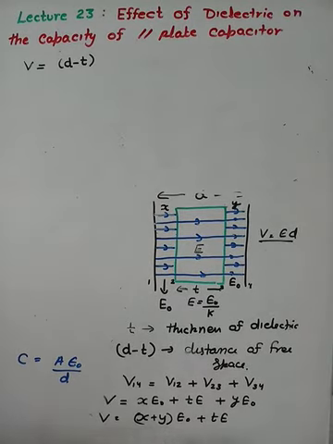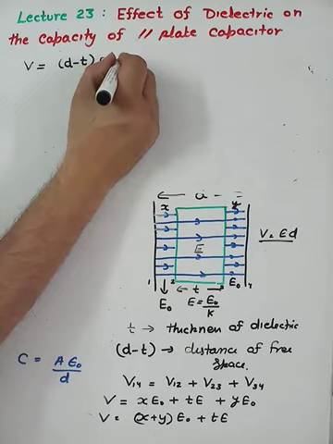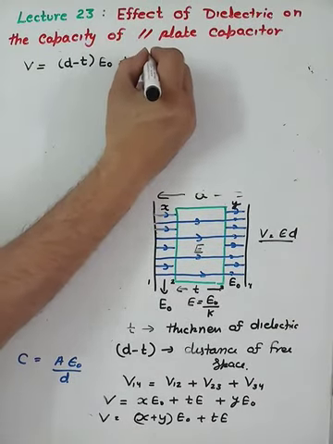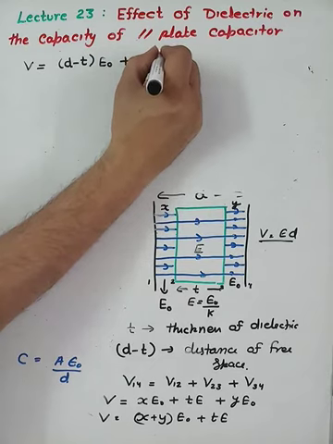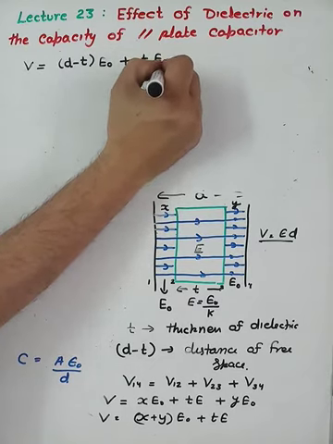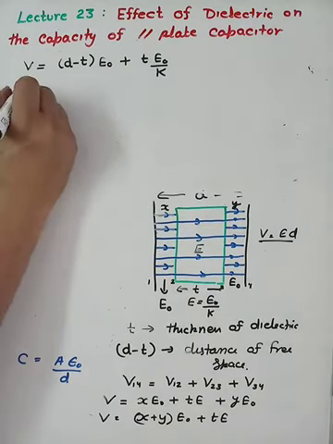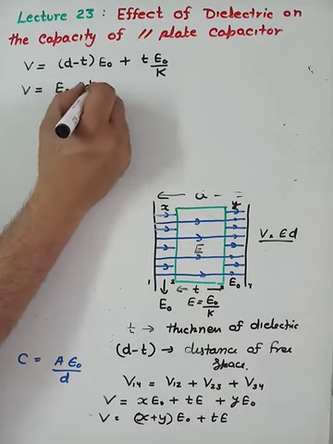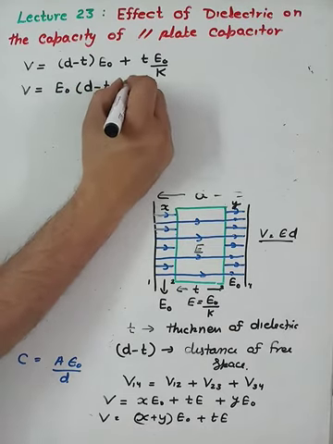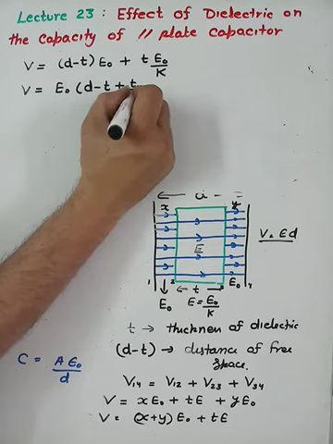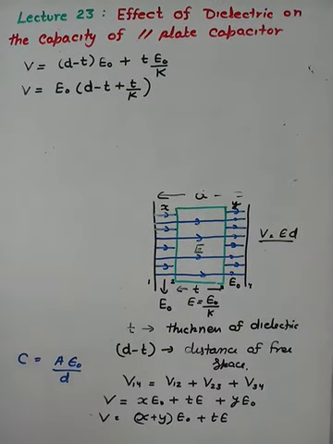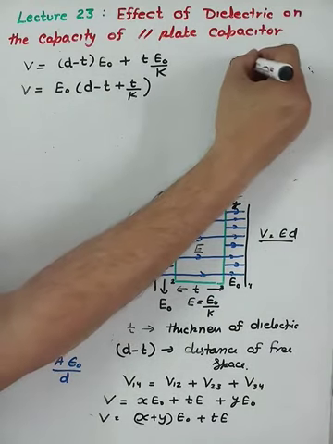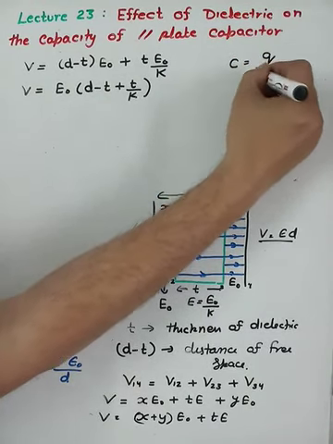We get (x plus y) into E naught plus t into E, and E can be written as E naught by k. So V equals E naught, taking common, (d minus t plus t by k). This is V. Since we have to find the capacity, the formula is C equals Q by V.